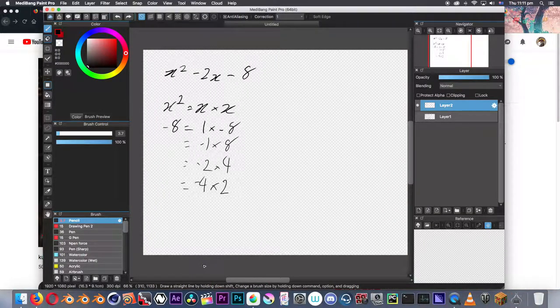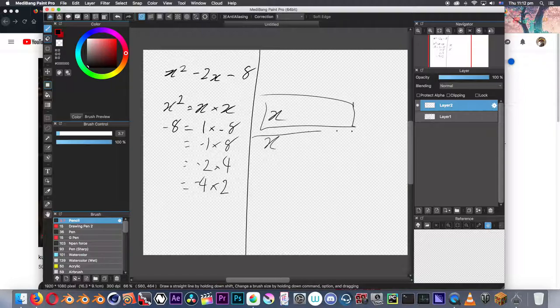I apologize, let me look at my notes again. Alright, so what you've got to do is get the factors of the first term and divide that up. We're going to do two multiplication operations, algebraic operations, I can't remember the name.